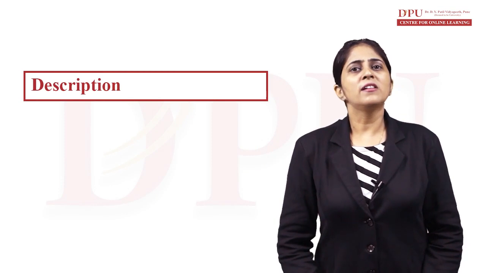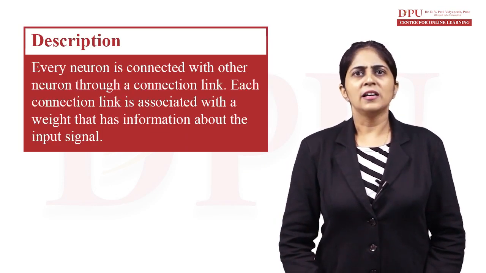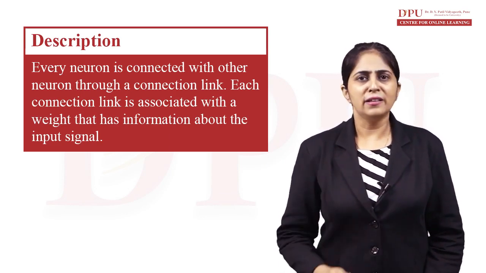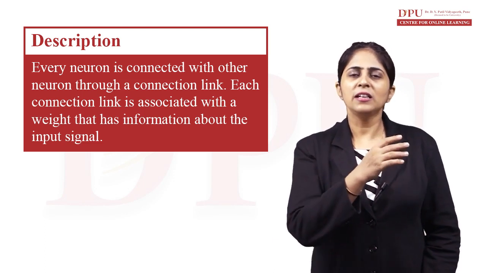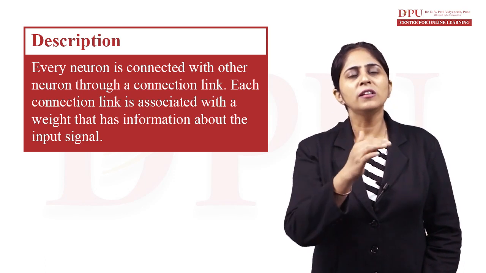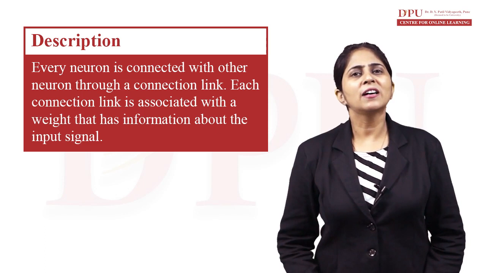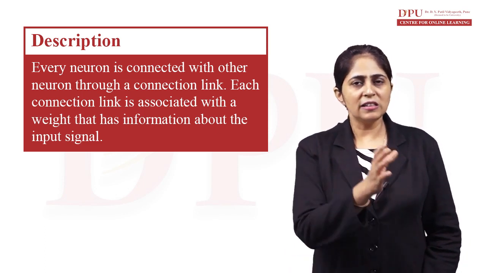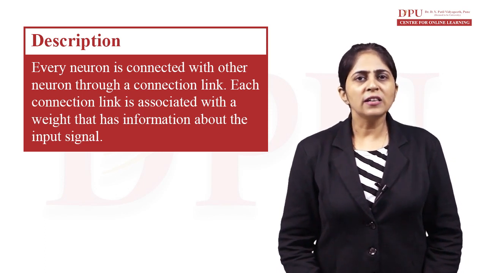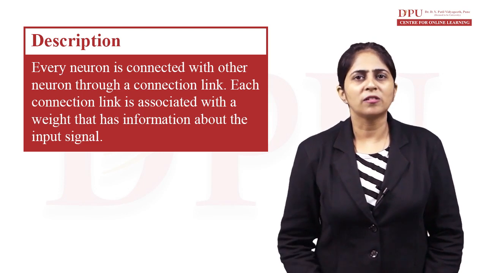If we talk about the description of this network, every neuron is connected with another neuron through a connection link. We have seen in our earlier diagram how these neurons are connected to each other. In a similar way, we have a connection link for these nodes also. Each connection link is associated with a weight, which is information about the input signal.